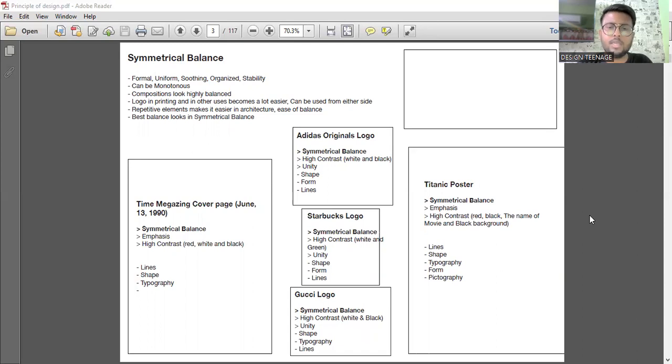So generally what we have seen in terms of structure, when we talk about this exact line, repetitive elements make it easier in architecture, or ease of balance. What does the statement mean? This simply means that generally whatever structure we have in our day-to-day life, everything is kind of made in symmetrical balance.